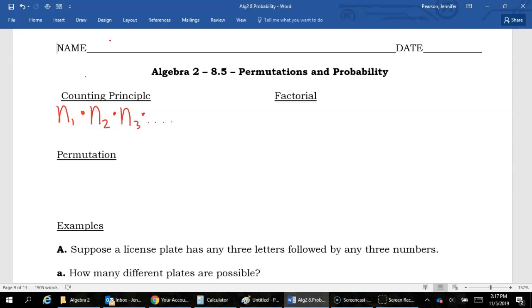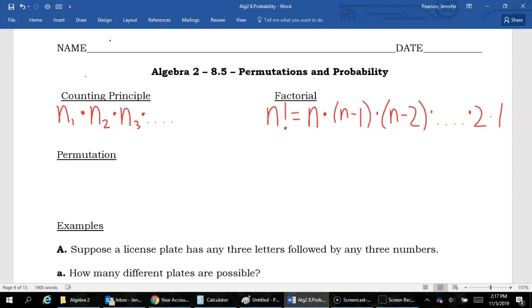Factorial is a way that we can represent multiplying a whole bunch of numbers that fit a specific pattern. If I have a number, I want to times it by the next lower number, and the next lower number, and the next and the next, all the way until 1.